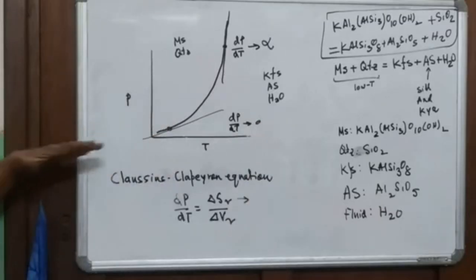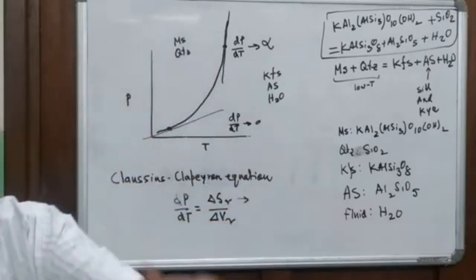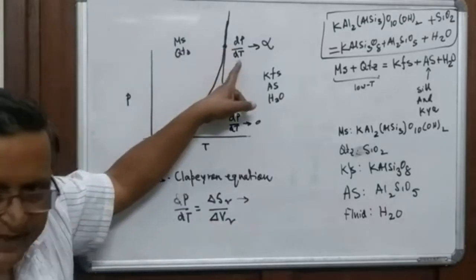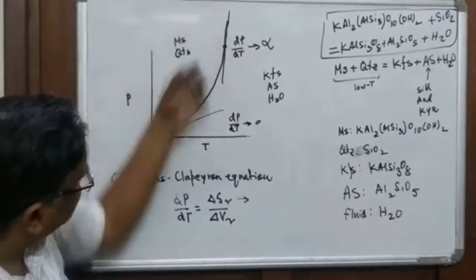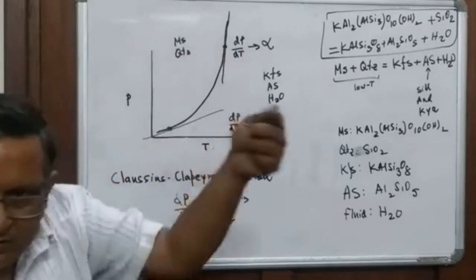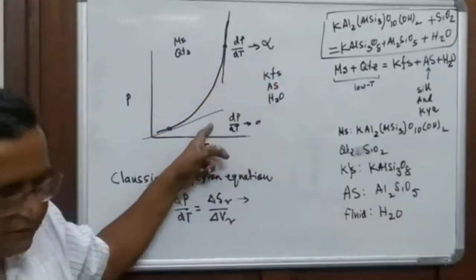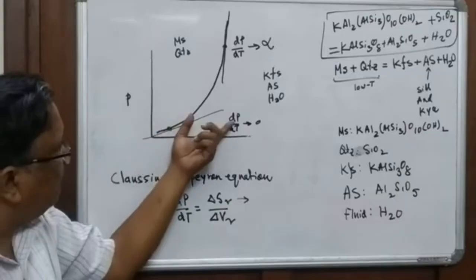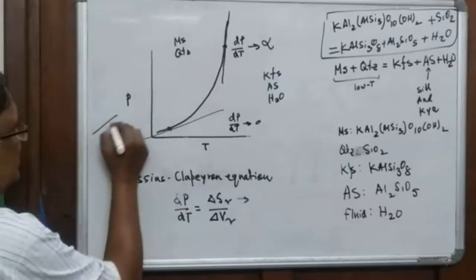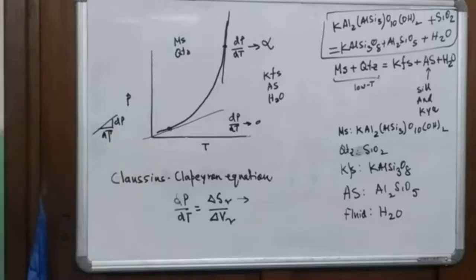It becomes flat like this. It's not 0, but tends to 0. This is not infinity, but tends to infinity. This is the change in pressure as a function of temperature. Large pressure difference, small temperature difference, so it's infinity. And this is just the reverse: small value of dP and a large value of dT. Right? Okay.